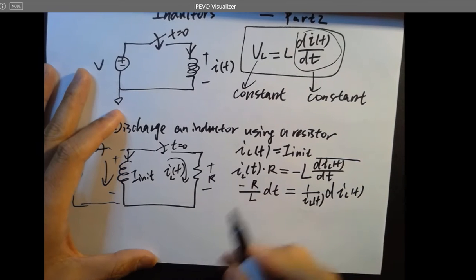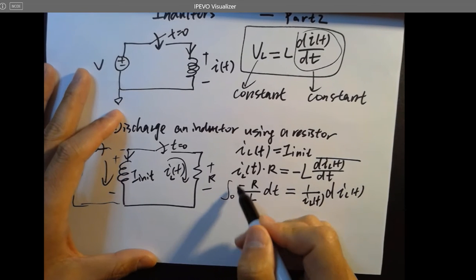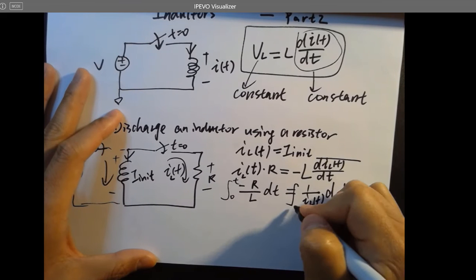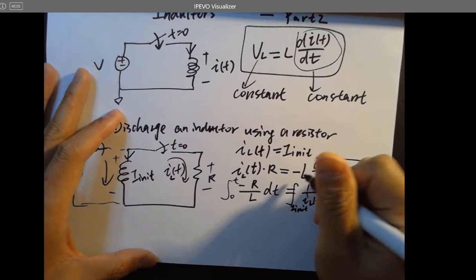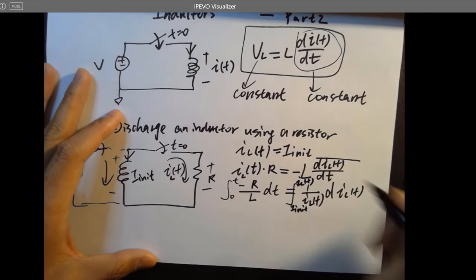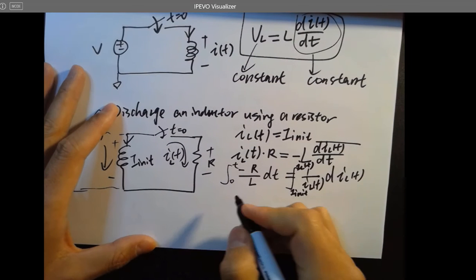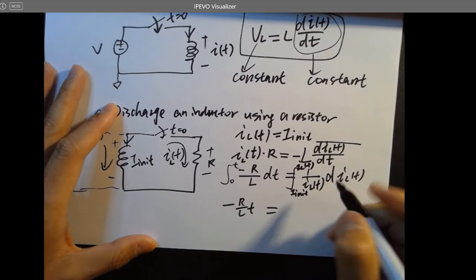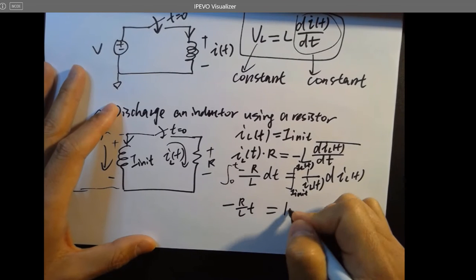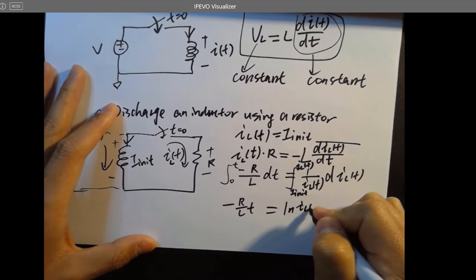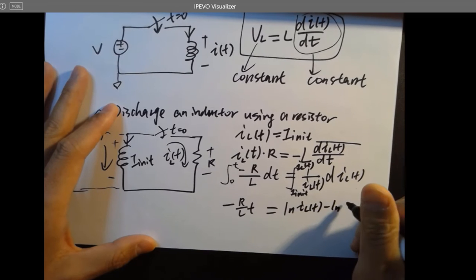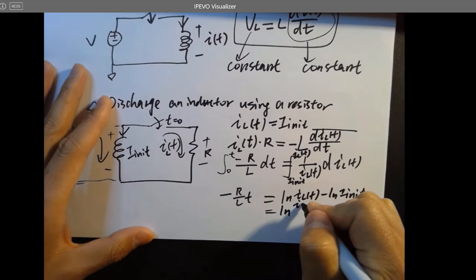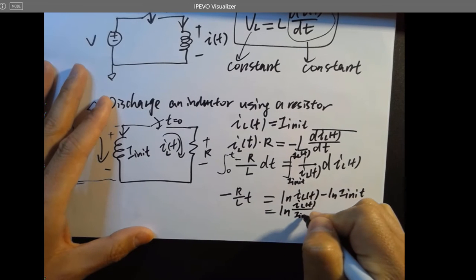And if we integrate both sides, from 0 to t, and from I_init, the initial current, to I_L(t), then we get minus R over L times t equals, very simply, the natural log of I_L(t) minus the natural log of I_init, which is also the natural log of I_L(t) over I_init.